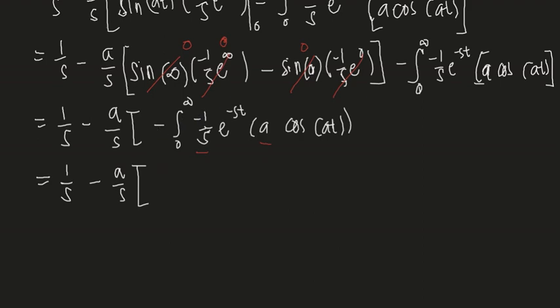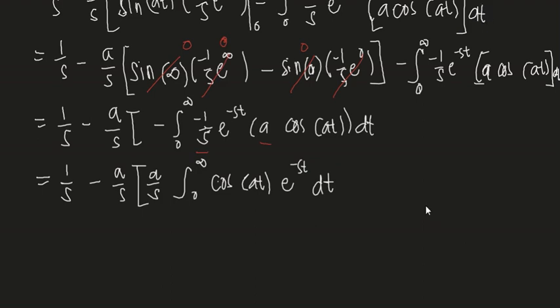So this is equal to, so aton equation will be a over s from 0 to infinity of, so unahon ko lang cosine at, so we will have cosine at e raised to negative st. So take note, may ari na dt ha. So dt. Wala ta na nakopy kagina. So this is aton nga simplified equation subong.